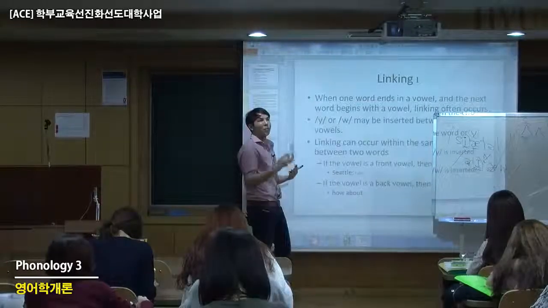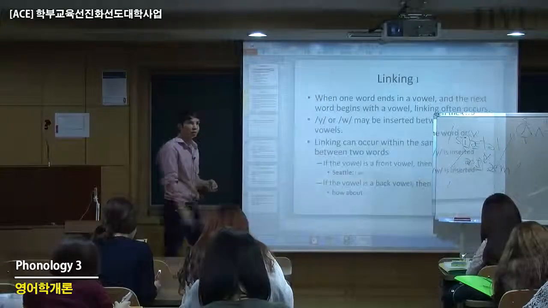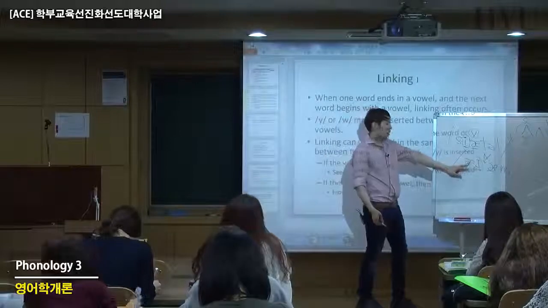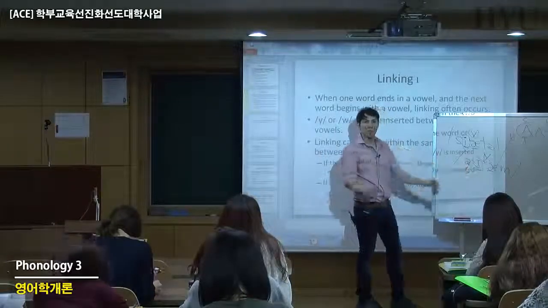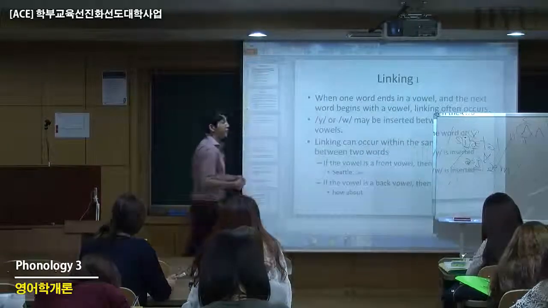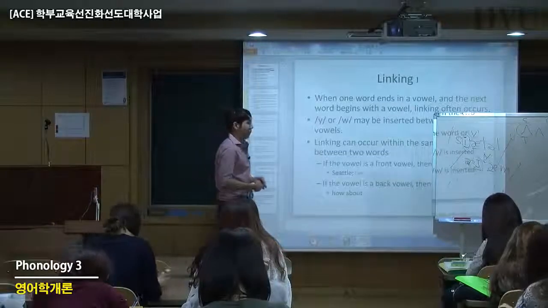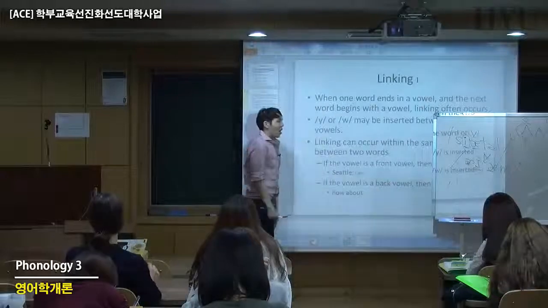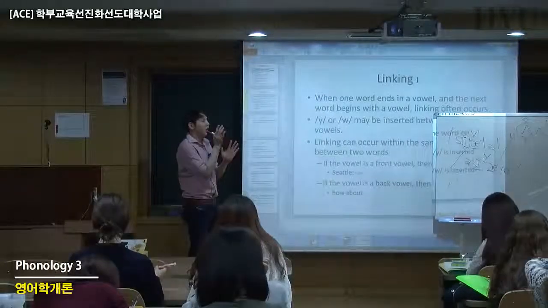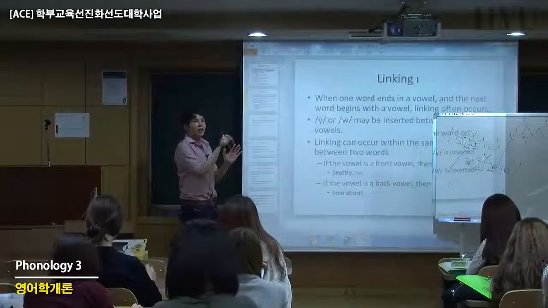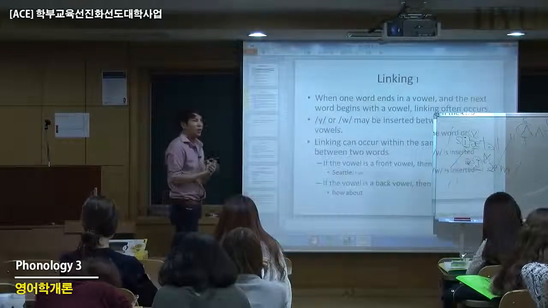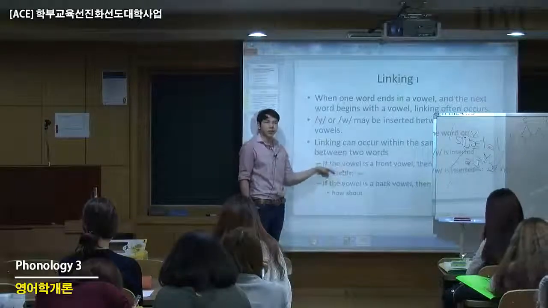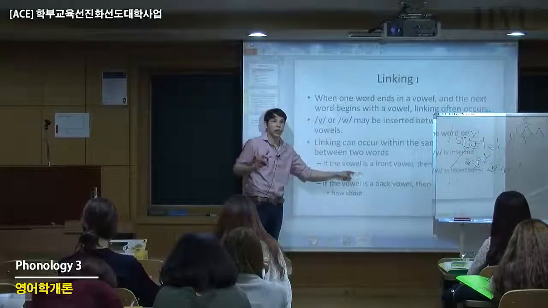Y is a consonant, but it is associated with the front region of the mouth. So whatever front vowel you have, just stick in a Y if the next word begins with a vowel. We don't like two vowels together. This can happen within the same word or across two words, like I am, right?